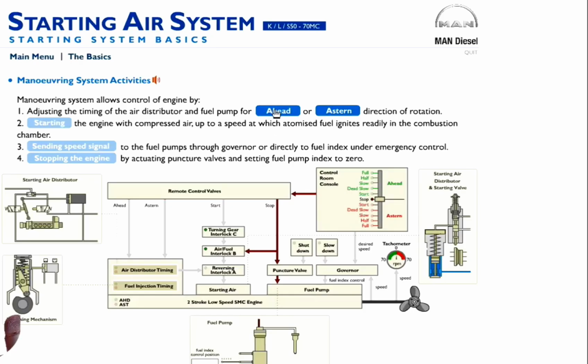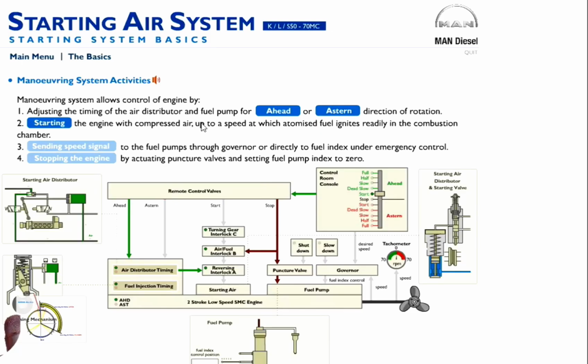We will give a signal ahead, so the signal comes from the engine console, passing to air distributor timing, to fuel injection timing, ahead rotation will have indication, to starter distributor, to reversing mechanism, and also we have a reversing interlock A here. Okay, we have given the ahead position.